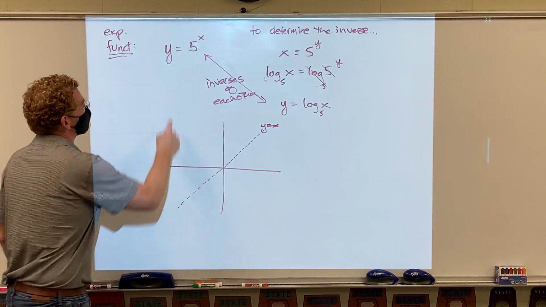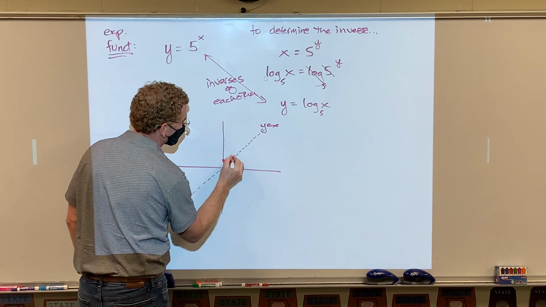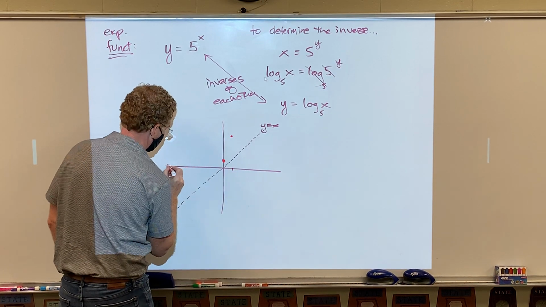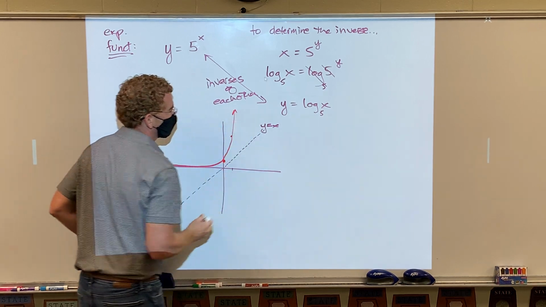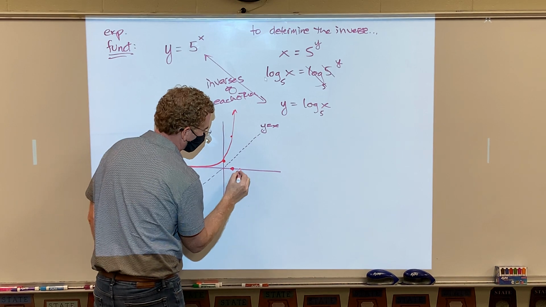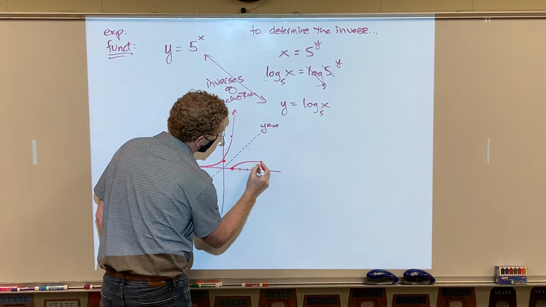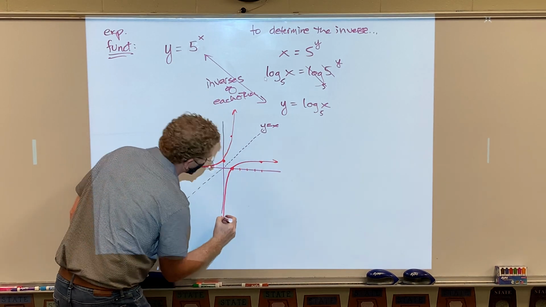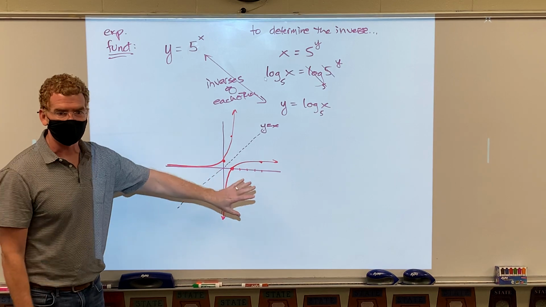So if you check out the exponential function, it kind of looks like this, if you were plotting points. And if you check out this log curve, it kind of looks like this. Even though that's not a perfect reflection, you can see that it kind of is, right?